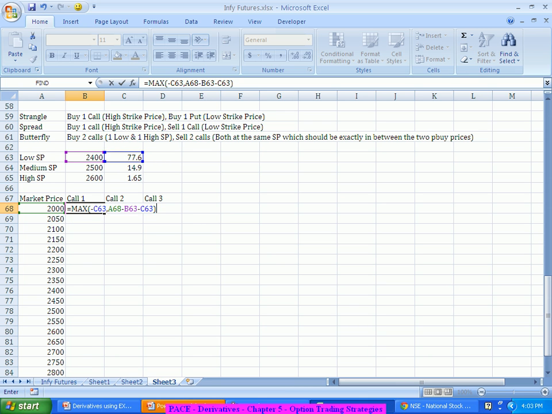This is exactly the same thing which we have done in case of the call in the first. Market price minus the strike price minus the premium. And I'll put appropriate dollars.